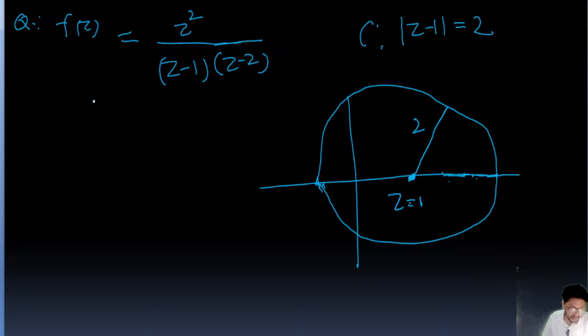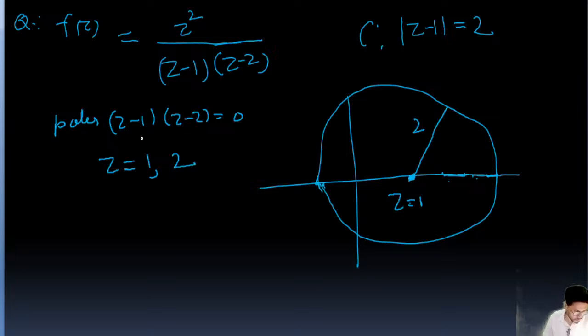Radius 2. Okay, so poles are going to be z minus 1 equal to 0 and z minus 2 equal to 0. So poles are going to be z equal to 1 and 2. Here we can see z equal to 1 will be inside, and z equal to 2 will be on the line of the contour, right?